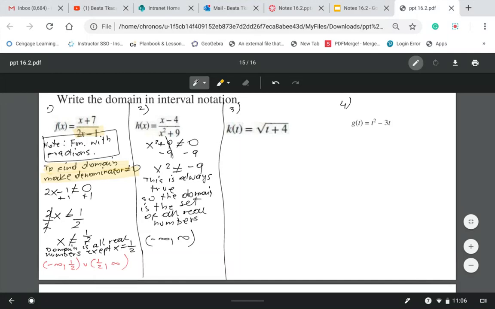The third one, you guys need to remember this, is the square root function.